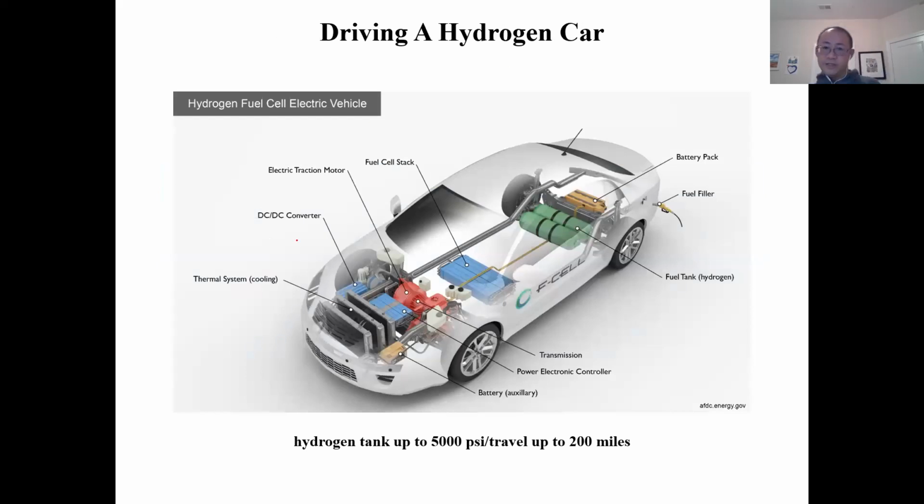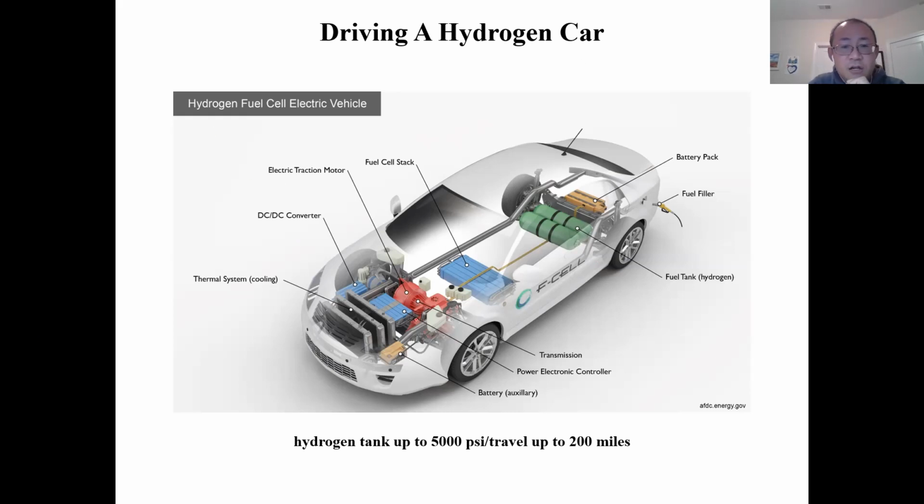And of course, one of the futures of using fuel cells is to use them in vehicles, which we call fuel cell vehicles. One of the fuel cell vehicles which we have already seen are called hydrogen cars. Here is a picture of a hydrogen fuel cell vehicle.